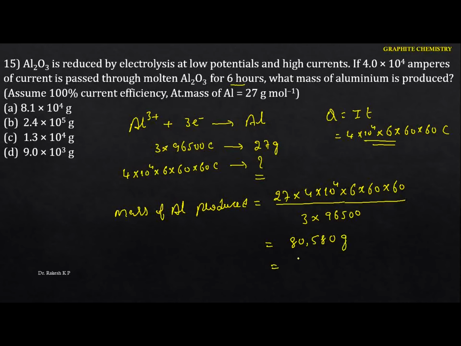In terms of scientific notation, we are going to get 8.058 into 10 to the power of 4 gram. Here you have to identify the particular option. The option is which one? That is A. It is almost near to the particular value. Option is A.